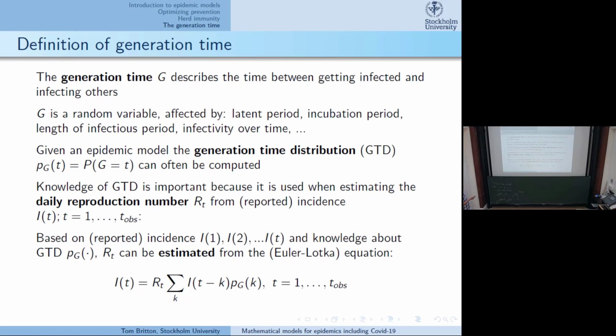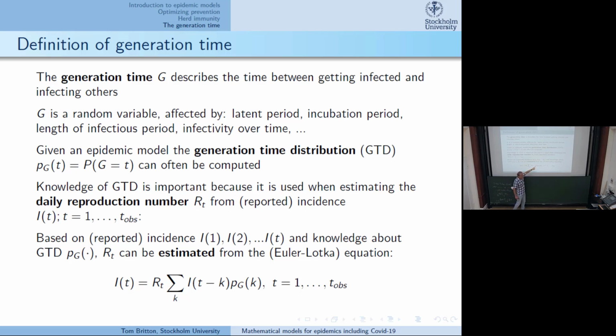The model, which actually comes from an Euler-Lotka equation, which also stems from branching process theory, says that I of t is how many get infected today, or you can think of how many get reported today, whatever. How many get infected today? Well, that depends on what is the reproduction number now, but it also depends on how many were infected some days ago.